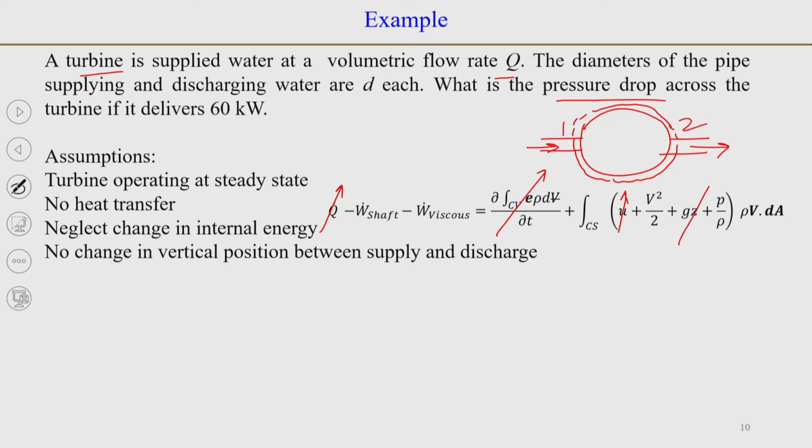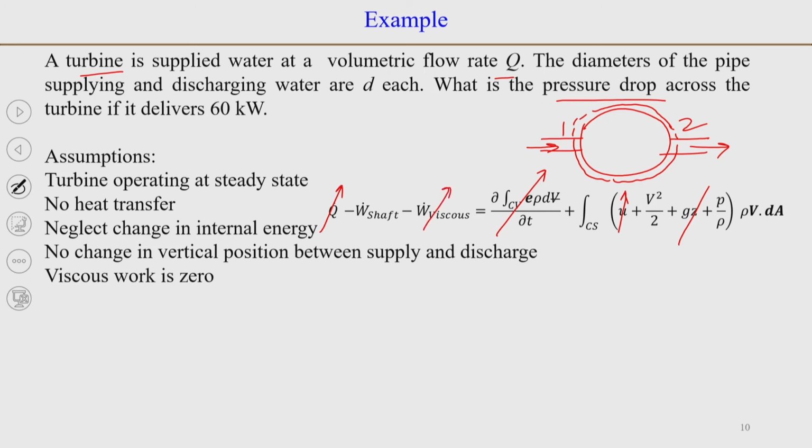So, this term will also go when we integrate. And the viscous work is 0. We can make viscous work 0 by the choice of our control volume, so that the flow enters normal to the inlet and outlet. So, this term is also 0.